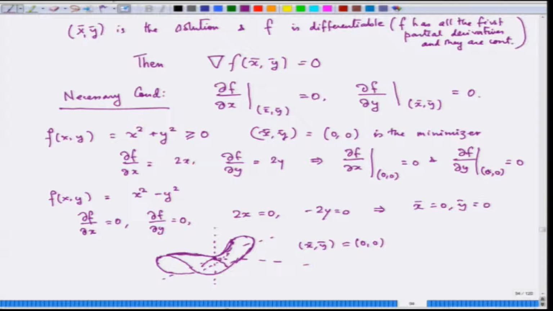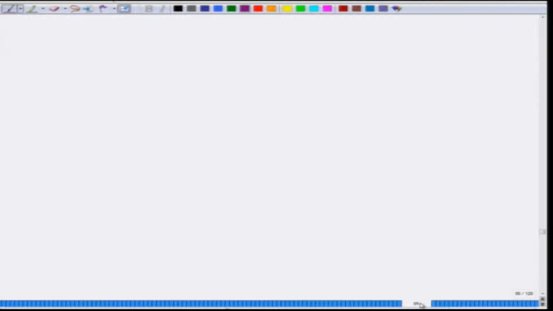Now, is there a way to talk about sufficiency if we invoke second order derivatives, as in the case of functions of one real variable? So, now we look at the sufficient conditions. What we are going to do is list down the second order conditions which are required to be checked at a critical point.